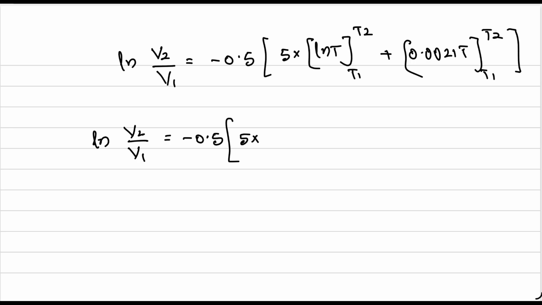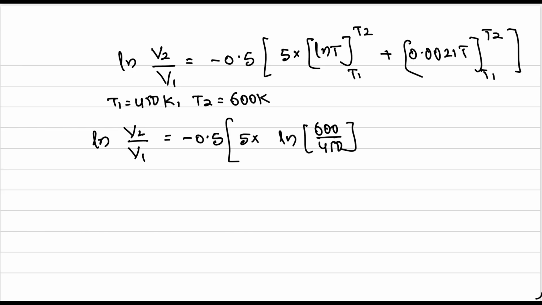It is given that T1 is equal to 450 K and T2 is equal to 600 K. That is ln 600 by 450, this is the value, plus 0.0021 into 600 minus 450. This is the value.